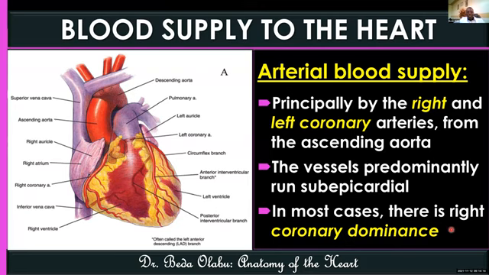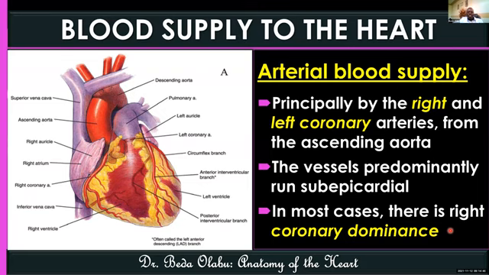Even though the right coronary artery is a smaller artery, usually it is the one that supplies most of the cardiac conduction tissue in many of the individuals. For that reason, in most cases, we talk of a heart having a right coronary dominance, even though the right coronary artery is a smaller artery. So don't confuse.